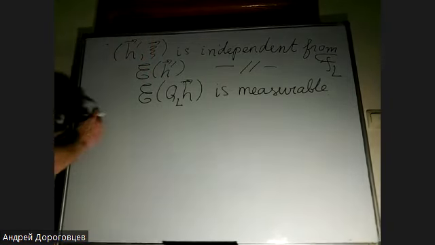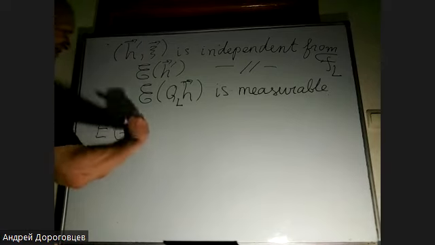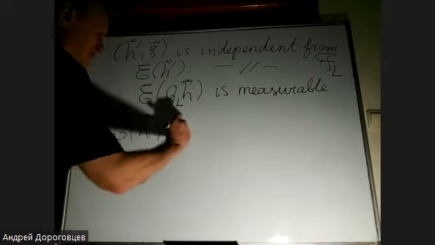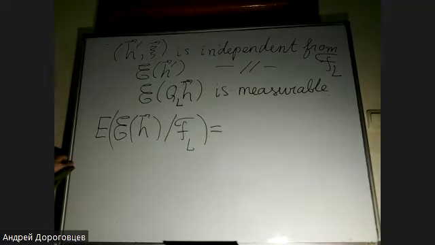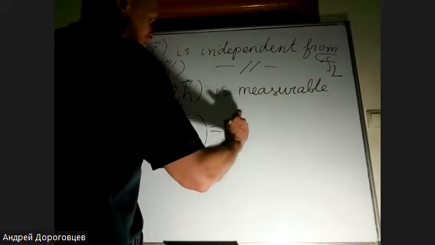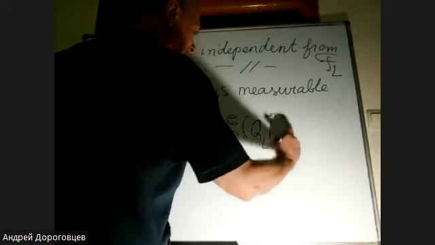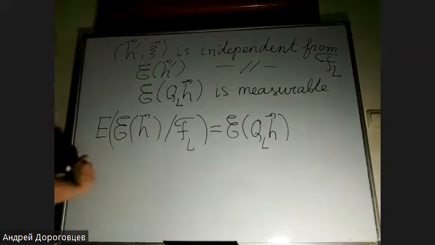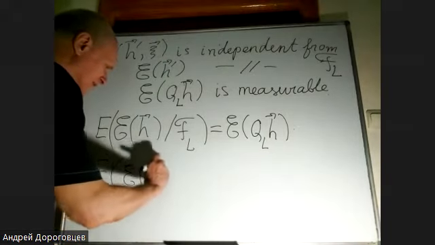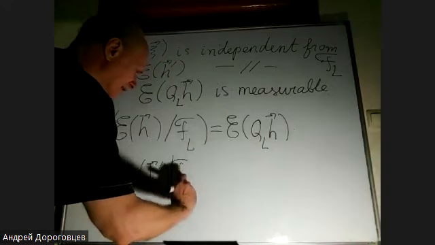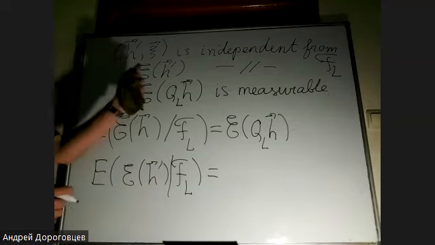So finally, the conditional expectation of our stochastic exponent E(H) with respect to F_L can be expressed as the stochastic exponent of QH multiplied by the conditional expectation of E(H prime) given F_L, which is equal to simply the expectation because of independence.